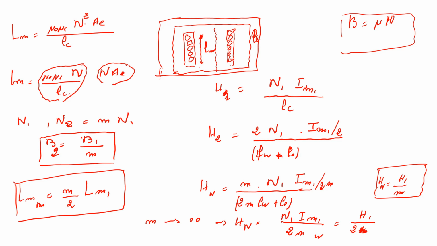This is clear if you look at the magnetizing inductance of the power transformer, it's in the order of millihenry. But if you look at the transformer in power electronics, it's always in the order of microhenry.